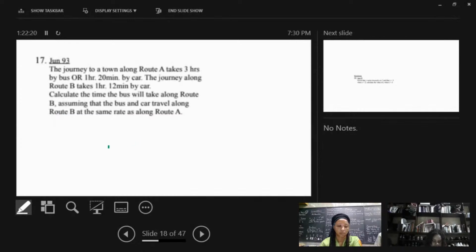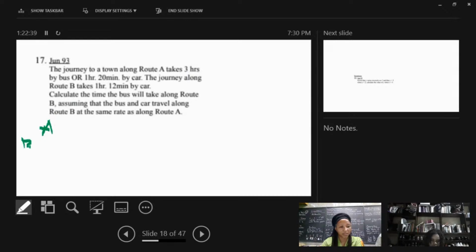They want to know how long a car travels in relation to the bus. Let's express the hours in minutes. So Route A: the bus takes 180 minutes.